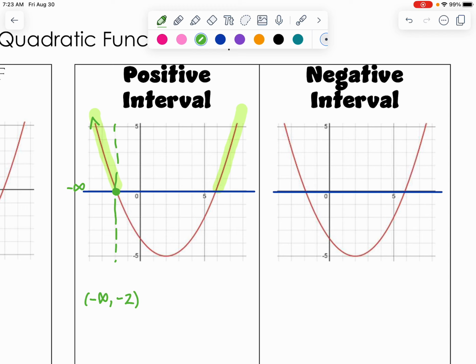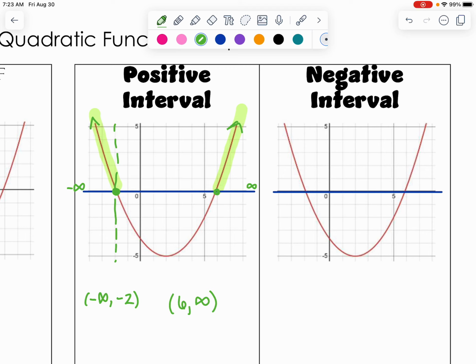Then we have our second positive interval, and it starts right here at this x-intercept. So it starts at x equals 6, and then it's positive for the rest of the graph. So this graph is going to continue to go forever and ever to the right, which for x values, as we move to the right, goes towards positive infinity.